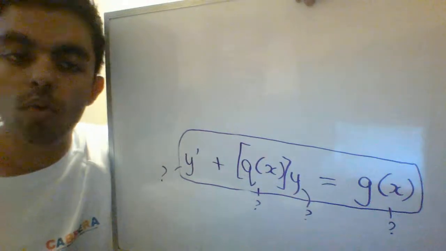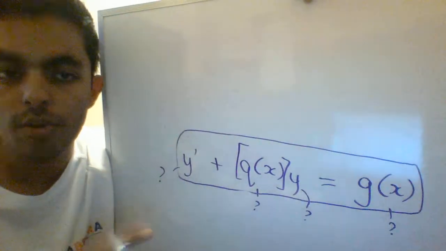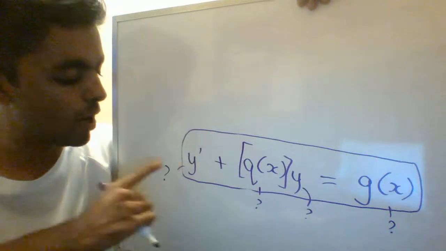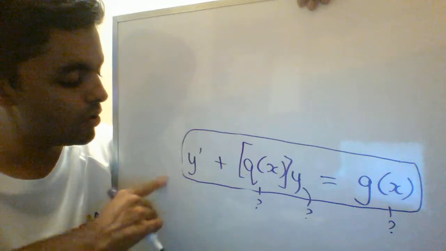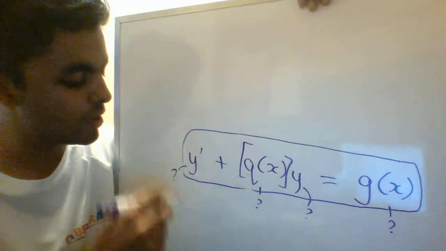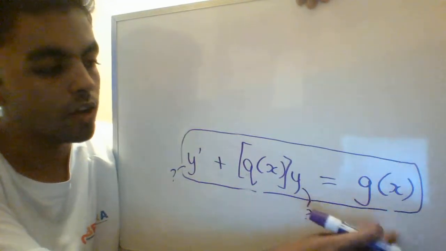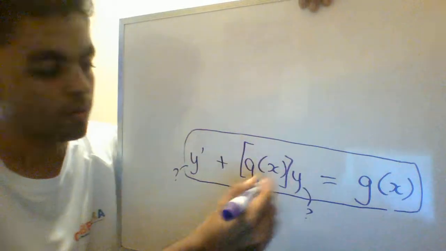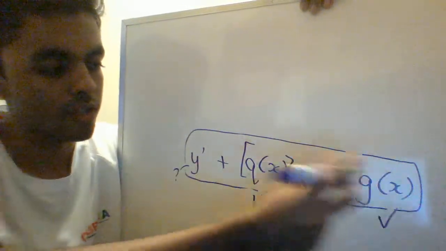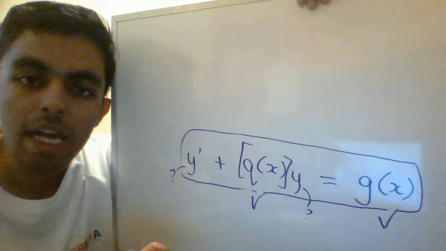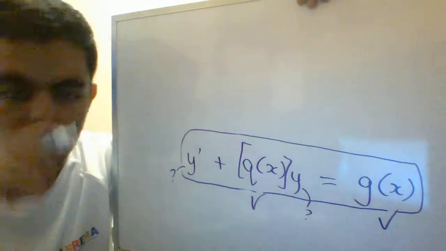We would know, looking at the DE, what q is and what g is. We need to find out what y is and what y prime is. So we would know this, and we would know this. Those are things we can use to help us find y and y prime.